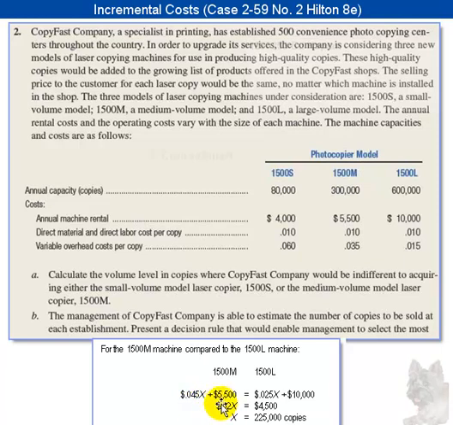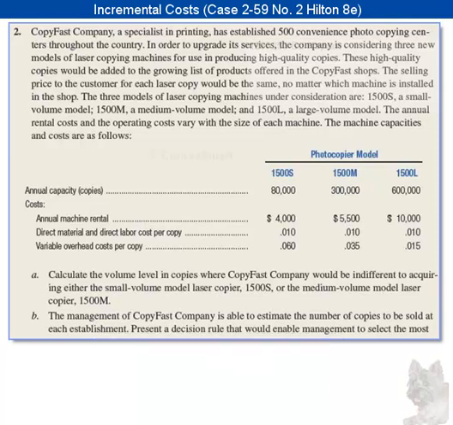Remember, the 5,500 is the annual machine rental. That's a fixed cost, and it's 10,000 in the case of the large to the left of my mouse there, which shows up right there. So using the exact same logic, we see we're indifferent between the medium and the large at a point where we're doing 225,000 copies.